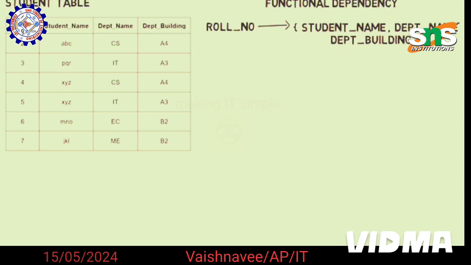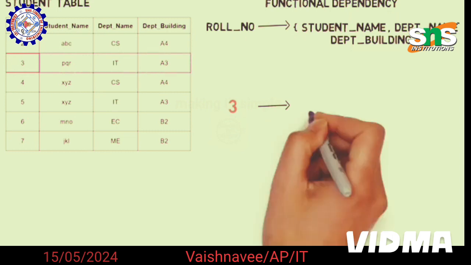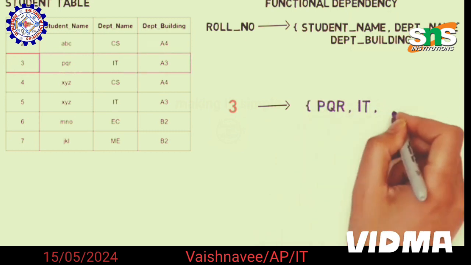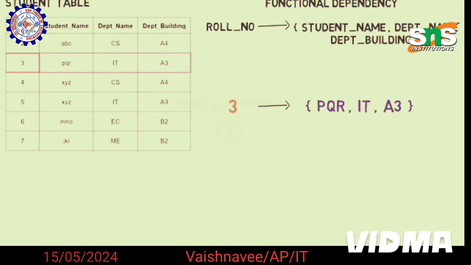For the first one, let us consider the functional dependency: roll number determines student name, department name, and department building. As roll number is a unique value for each student, definitely by using roll number we can search or identify the student name, department name, and department building.